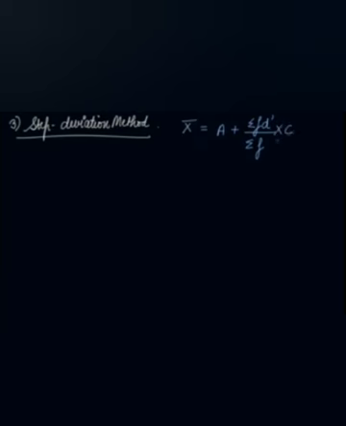The next method is the step deviation method. In this you calculate the mean by first taking the assumed mean, then you take the deviation from the assumed mean, then you find the common factor and divide the deviation, then you will get d dash, and then you multiply by the common factor.